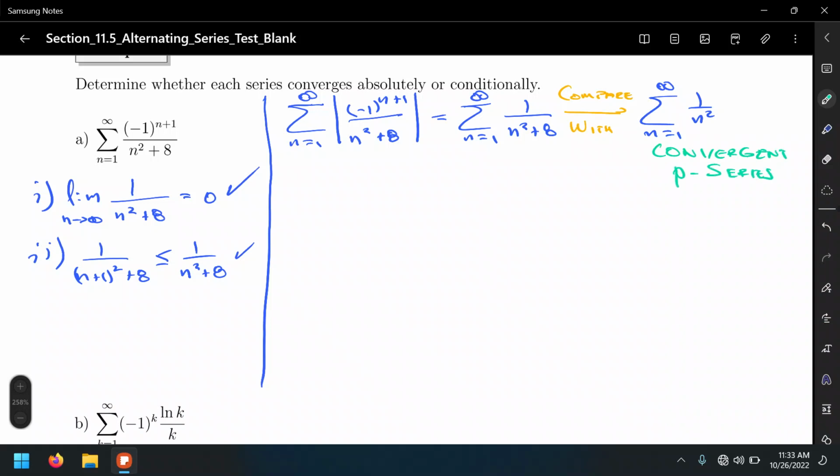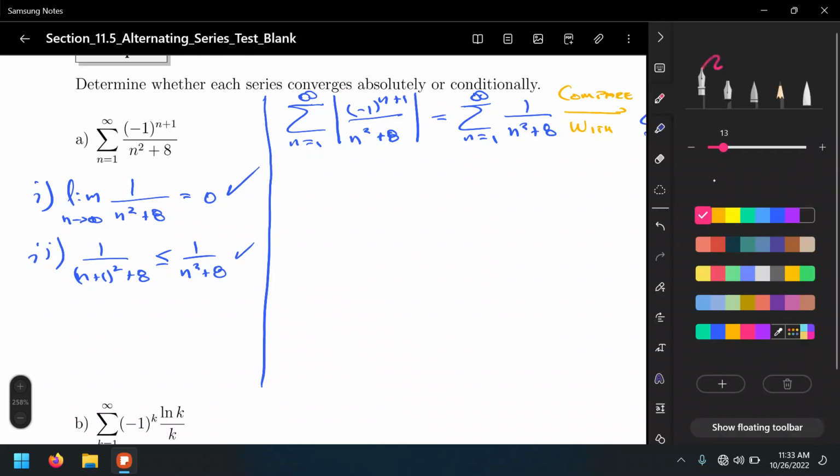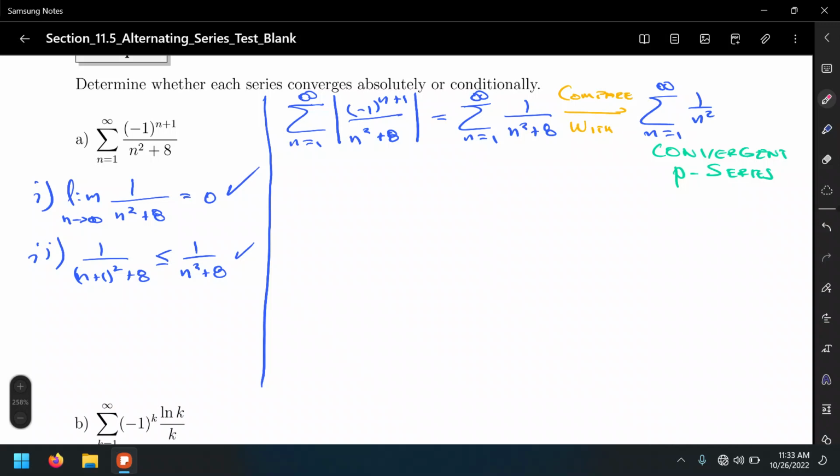And you have two options. Number one, you can do the direct comparison or the limit comparison. But I think the direct comparison in this case is going to be a lot quicker. And again, when it comes to the direct comparison test, when we compare with something that converges, we need to show in this case that tiny is less than or equal to small.